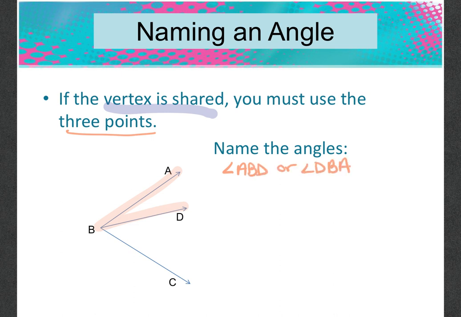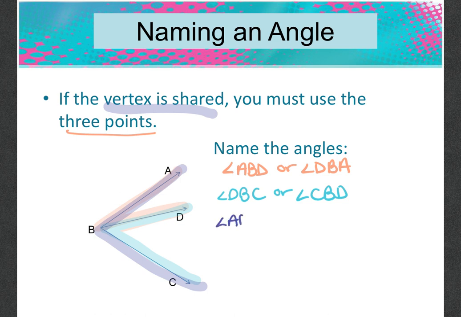Those are the same angle. The bottom angle would be called angle DBC or angle CBD. And the big angle would be called angle ABC or angle CBA.